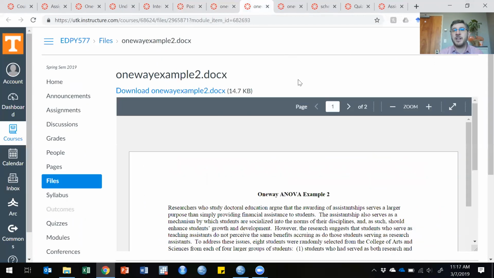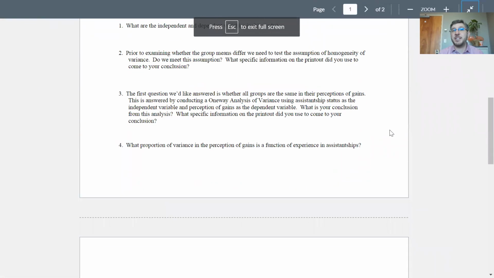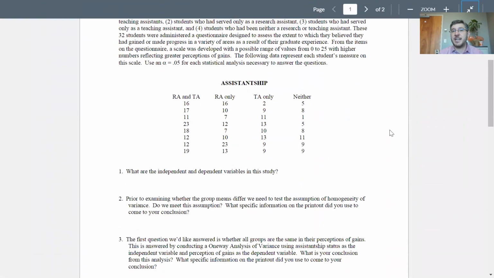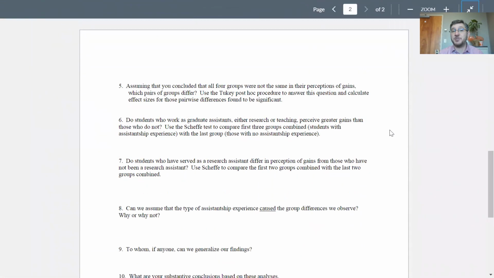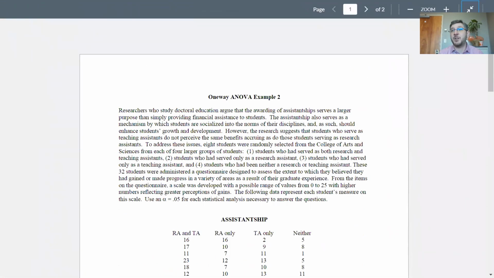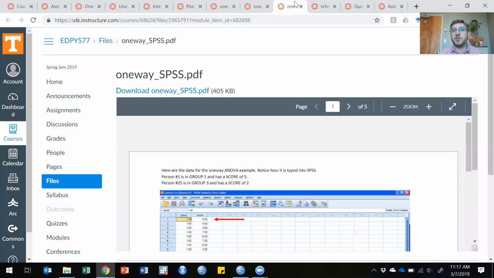I have another example that's very similar to the data analysis assignment, so you can practice working the example on your own, and there's an answer key available on Canvas.